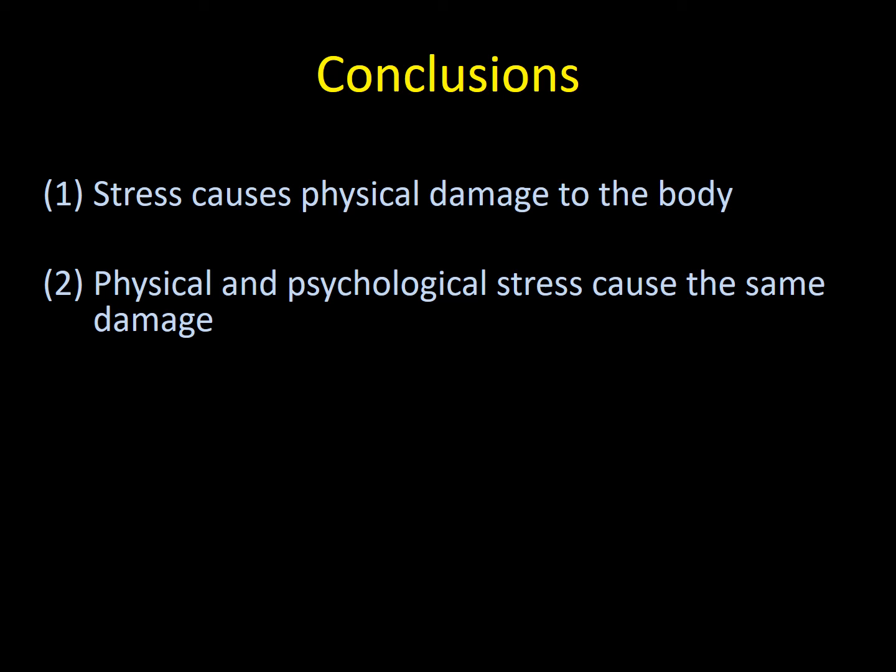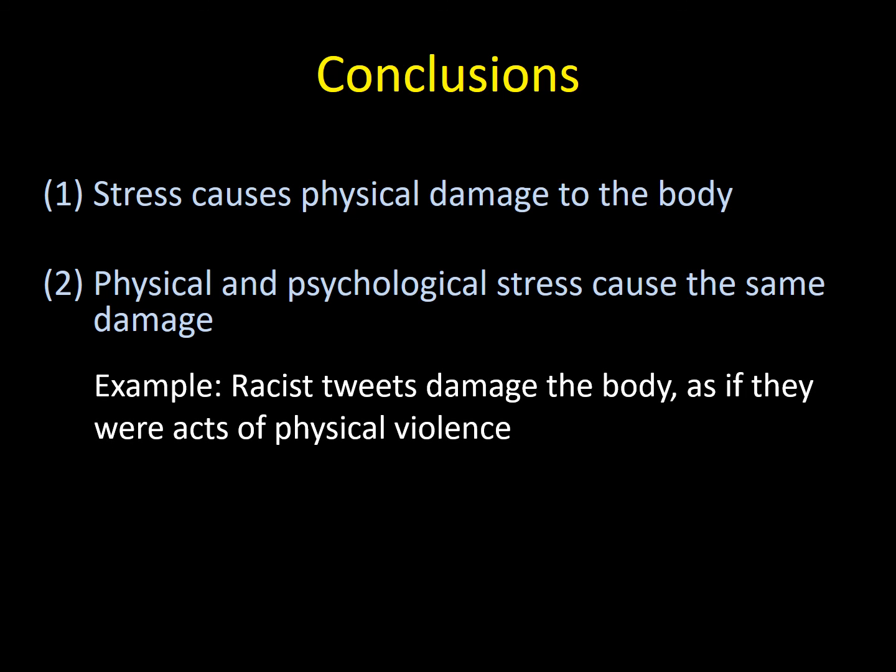And you'll remember that I called this the generalized stress response. For example, racist tweets damage the body as if they were acts of physical violence. Now, importantly, I am not equating racist tweets and physical violence, but I am saying that they both damage the body.